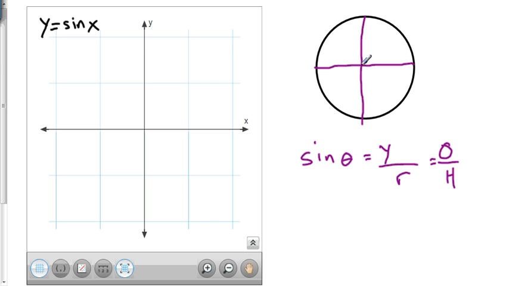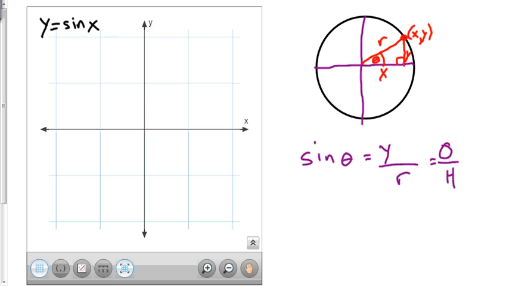Wherever our angle is, I'm just going to draw one in the first quadrant, we have our theta drawn back to the positive x-axis, and here's our right triangle. From theta's perspective, the y value of our point is always the opposite leg, the x value is always the adjacent leg, which doesn't affect us in sine, and the radius is always the hypotenuse.